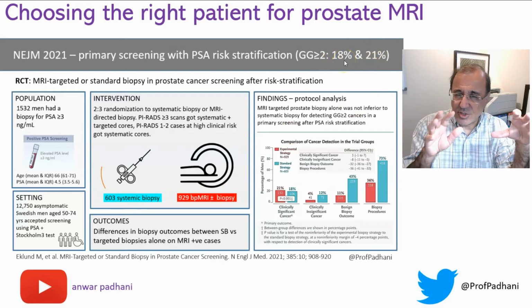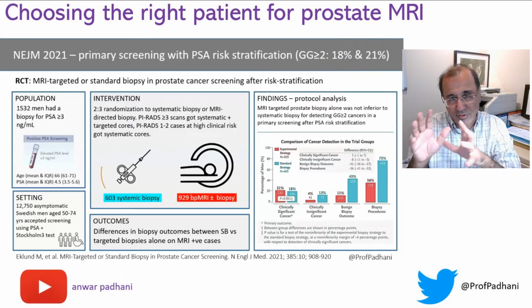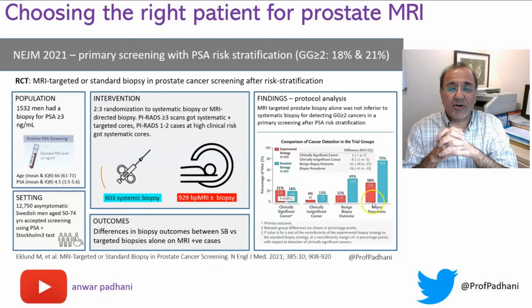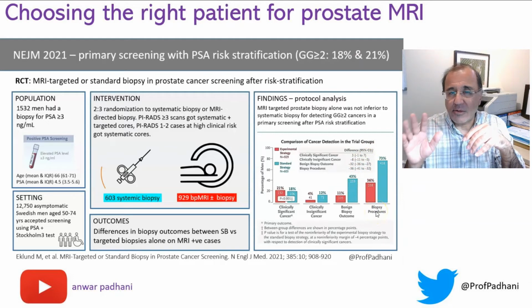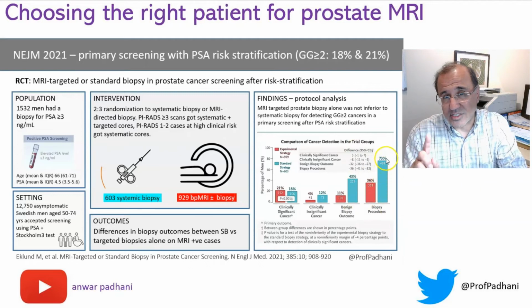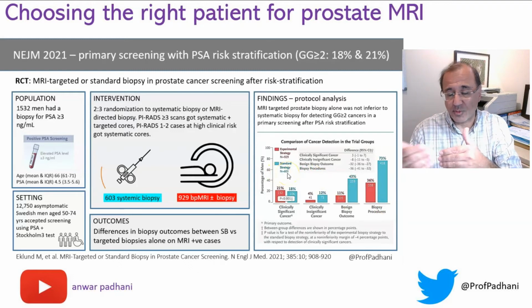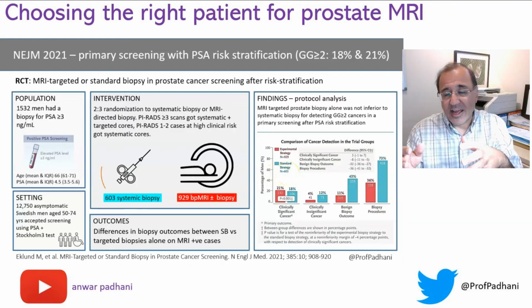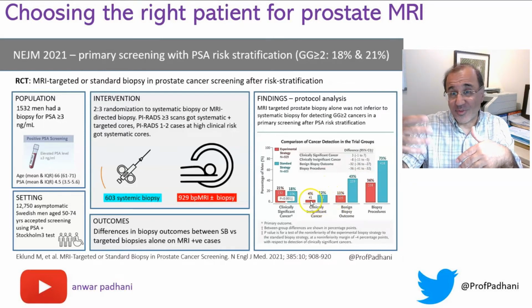So in this situation, we would expect MRI to deliver the benefits that we've already talked about. And in fact, if you look on the right-hand side, you can see the MRI benefits that were in fact delivered. You can see that very many more men underwent a biopsy using the ultrasound systematic biopsy approach compared to the MRI approach, which is what we expected. Many more men had clinically insignificant cancers in the systematic biopsy side. And you can see the difference is 4% on one side and 12% on the other side.